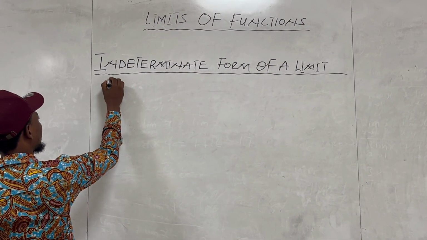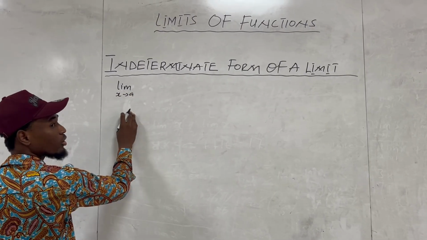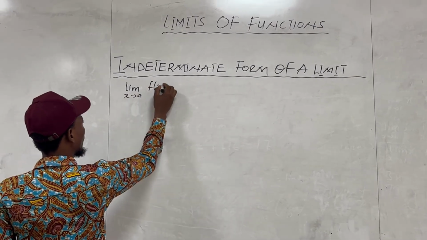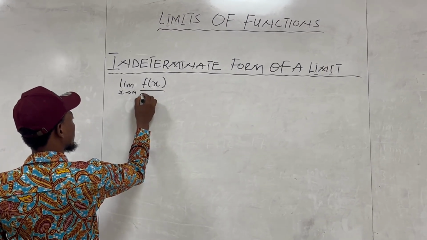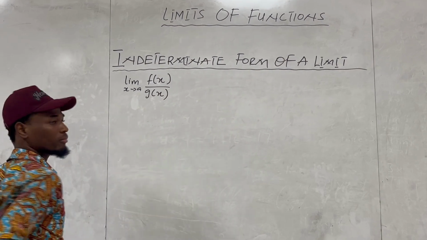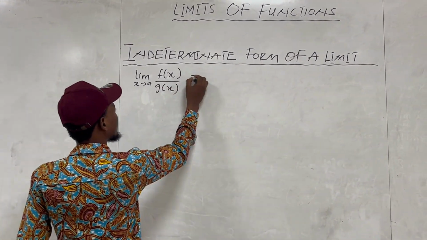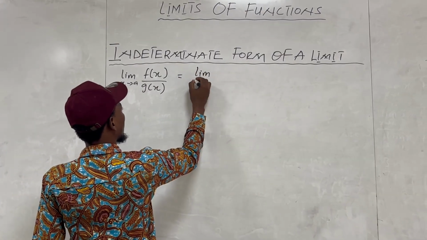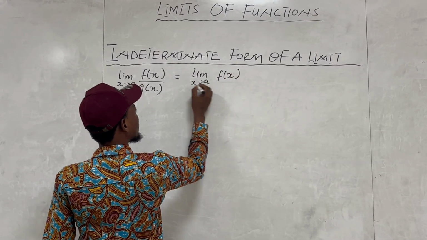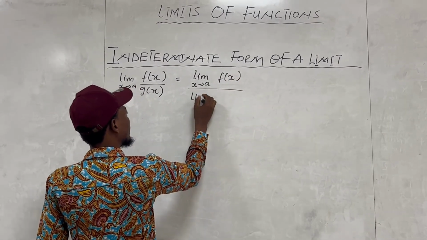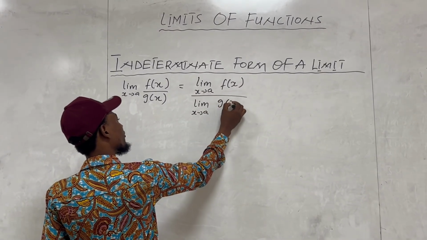When we have the limit as x approaches a of f of x all over g of x, we know that this is the same as the limit as x approaches a of f of x all over the limit as x approaches a of g of x.